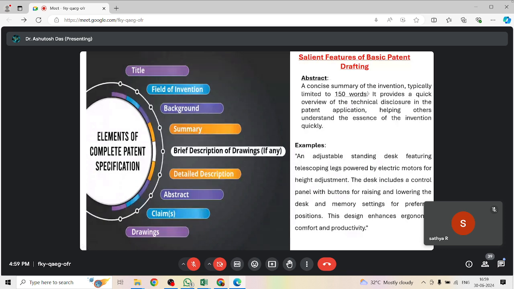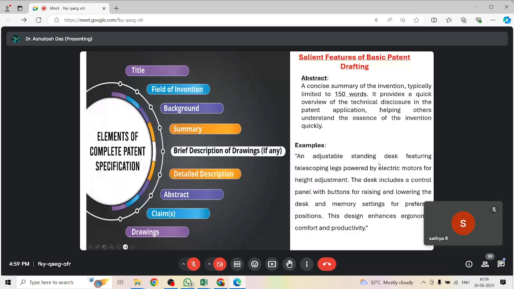One starts with the preamble, what is related to that, what is the background for that, and in what way it is better than that, what are the details of that, in a very summary format. And it's like: adjustable standing desk featuring telescope legs powered by electric motors for height adjustment. The desk includes a control panel and buttons for raising, lowering the desk, and memory settings for preferred position. Design enhancements and improvement of that, variation of that, everything comes together in 150 words.